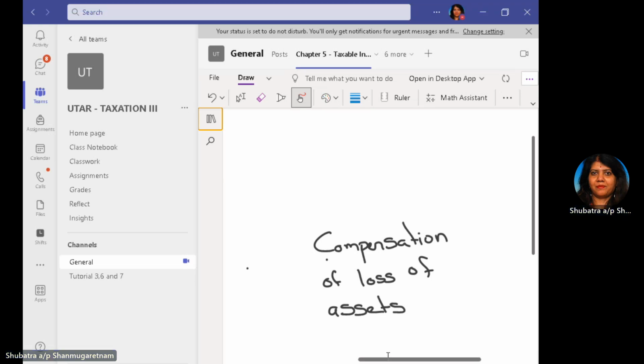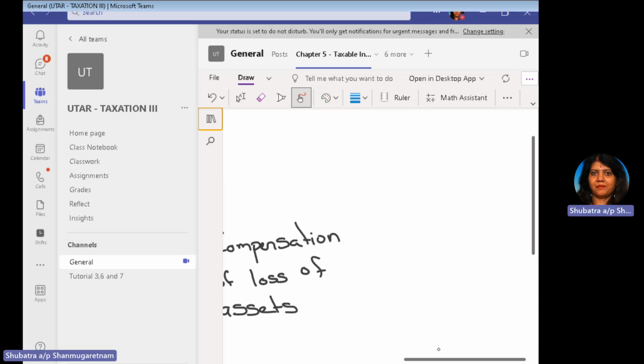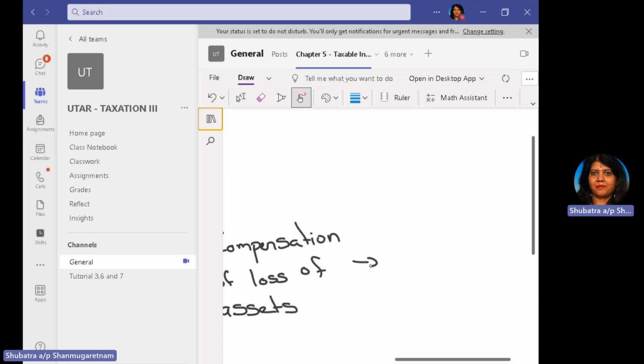All right? Now, when you lose an asset, the first thing that you need to understand is: does this asset help you generate revenue, or is this asset itself a revenue generator?